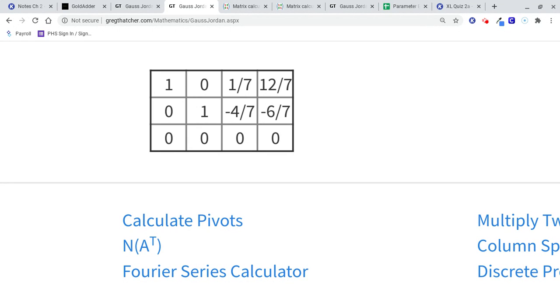That looks kind of weird, but you can see this row right here says 0 equals 0. And we can tell we have more variables than equations. That means this is going to be many solutions. So let's go ahead and write down this matrix.